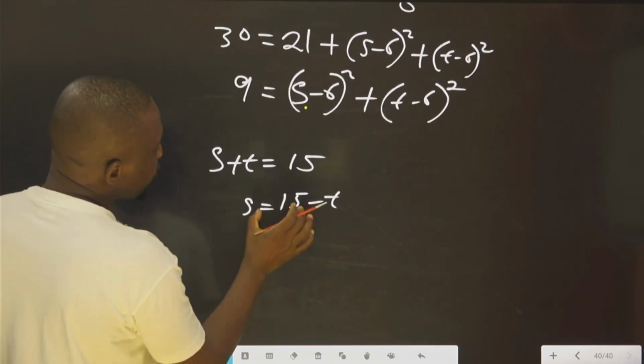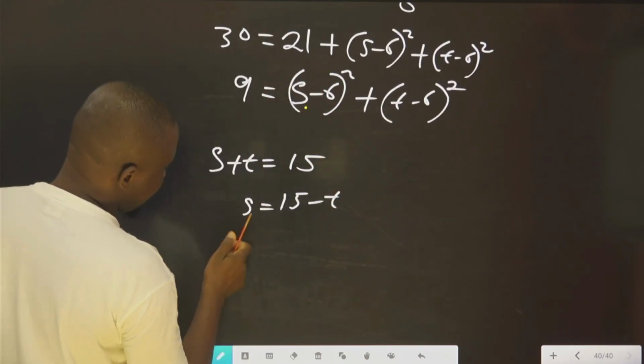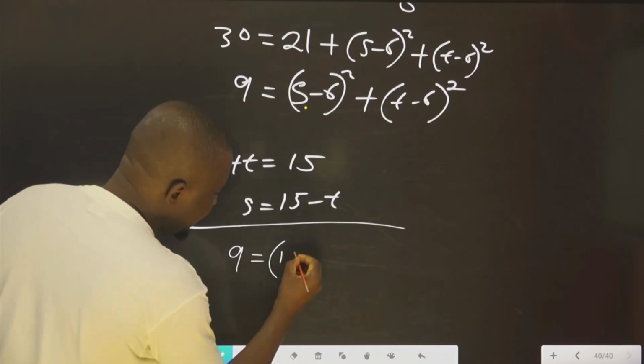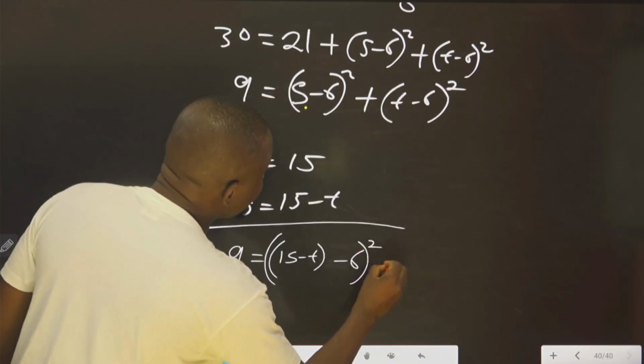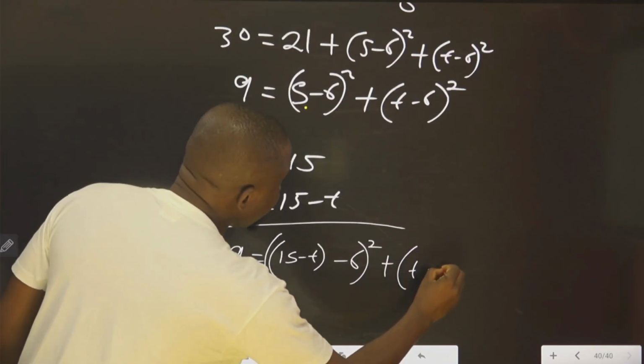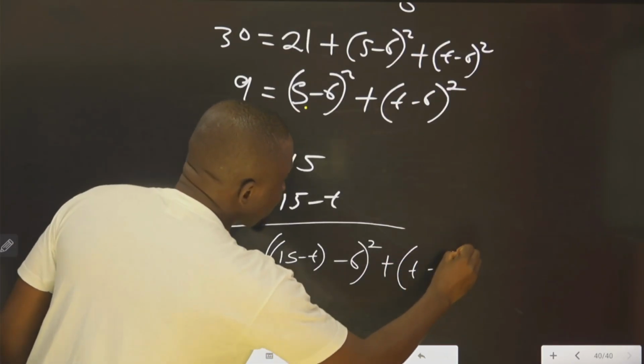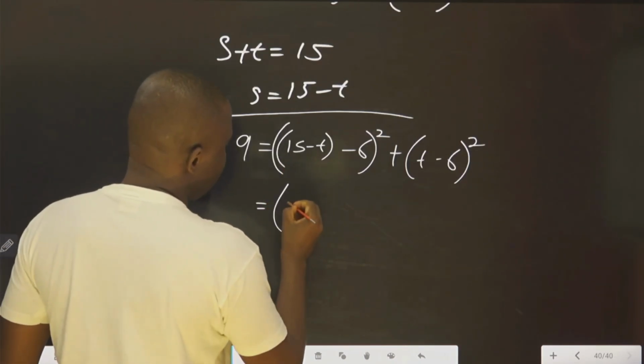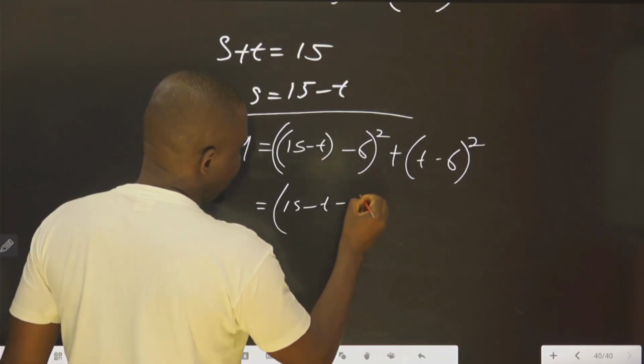What we're going to do now, we're going to substitute this S in place of this S. So now, we're going to say 9 equals to 15 minus T minus 6 raised to power 2 plus T minus 6 raised to power 2, okay?